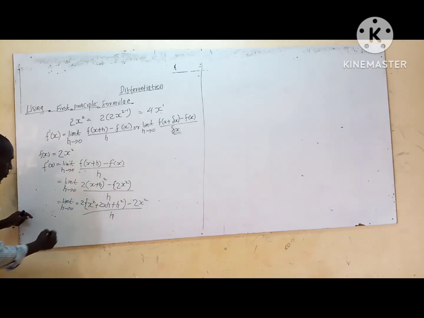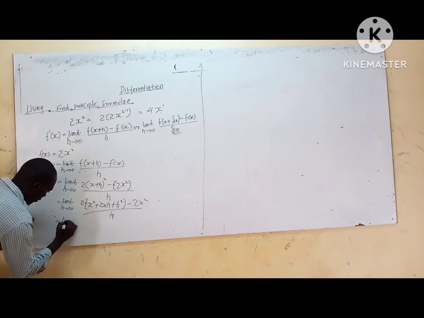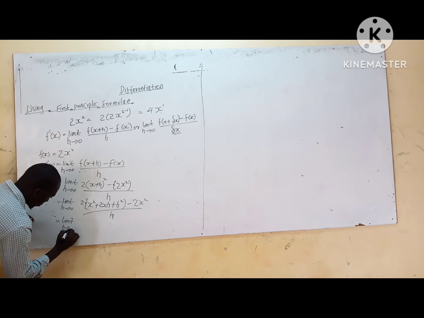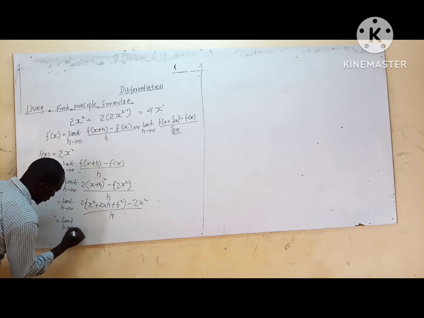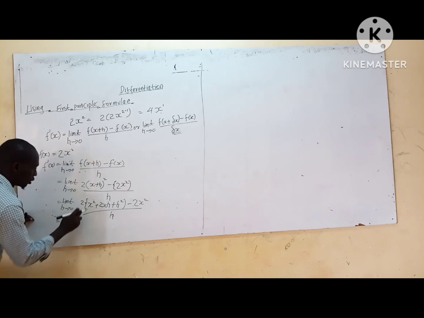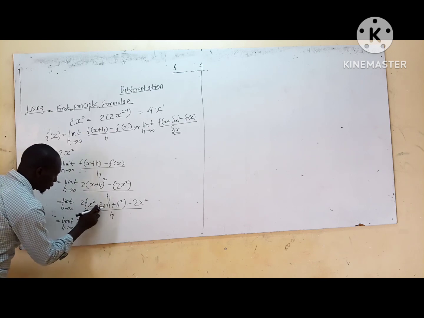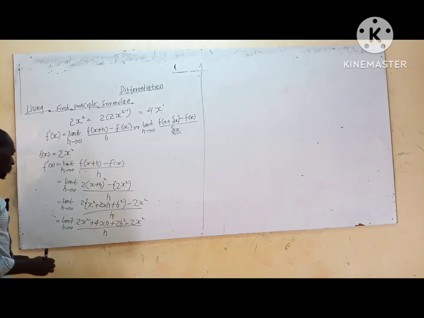Let us now open the bracket. Sorry for this. We are going to have the limit as h approaches 0 of 2 times x squared, and this one times this one we are going to have 2x times h.